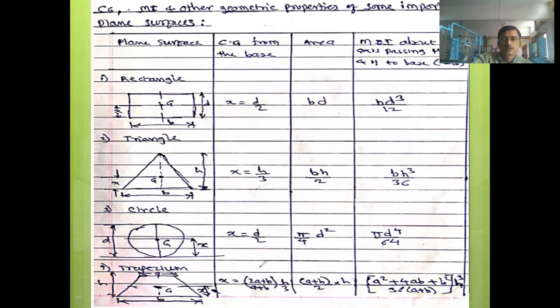The area of the trapezium is the average of the two sides multiplied by height, that is (A plus B) by 2 into H. And Iz is equal to (A square plus 4AB plus B square) upon 36(A plus B), into H cube.